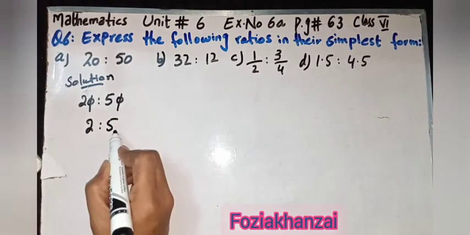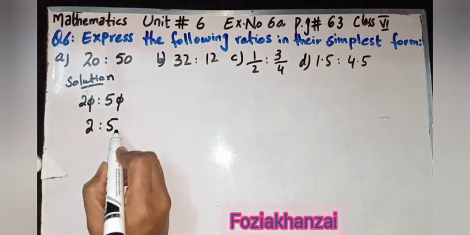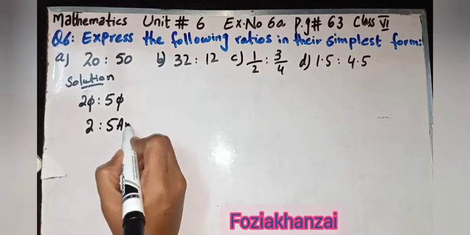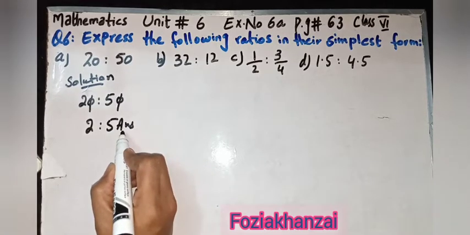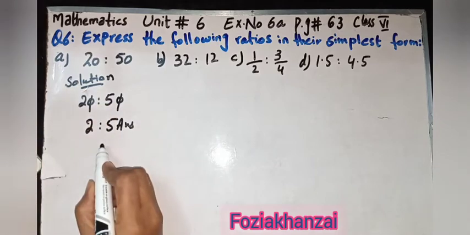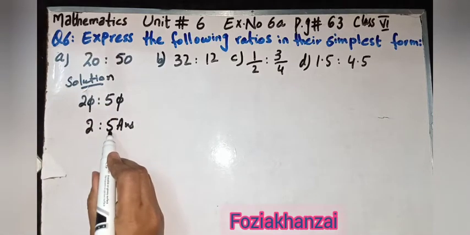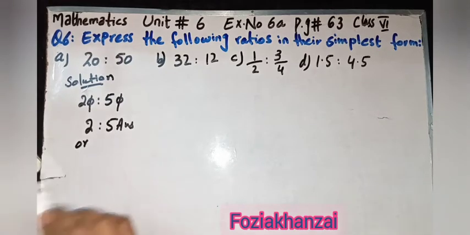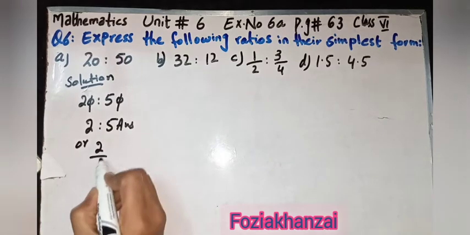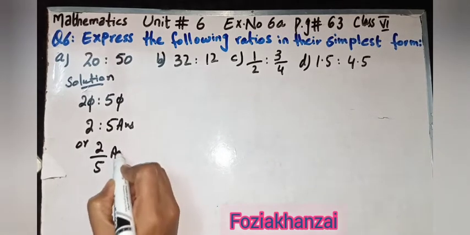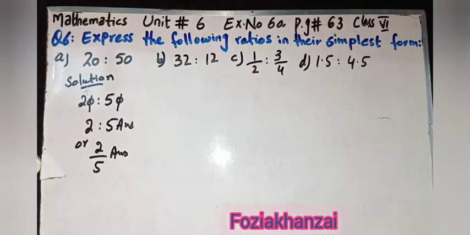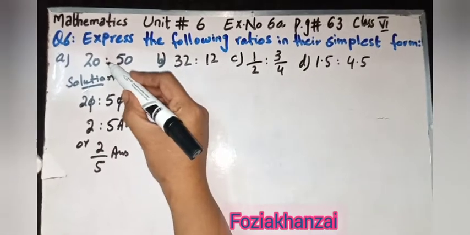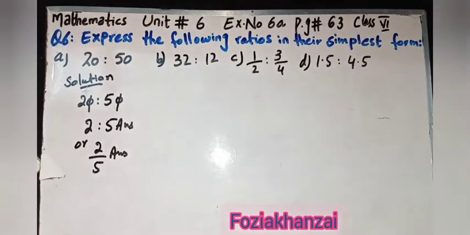So even and odd number, it can't be reduced. So 2 ratio 5 would be the answer of the first part, part A. Okay, 2 is to 5, or 2 upon 5 in fraction form, is also a correct answer. But your question is given in ratio form, so write in ratio.